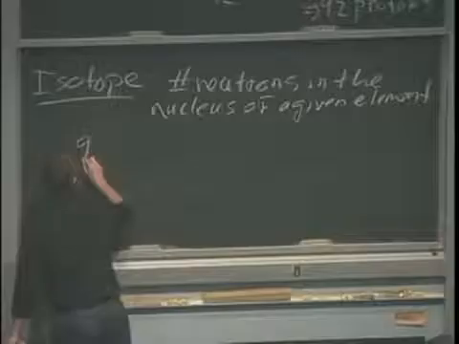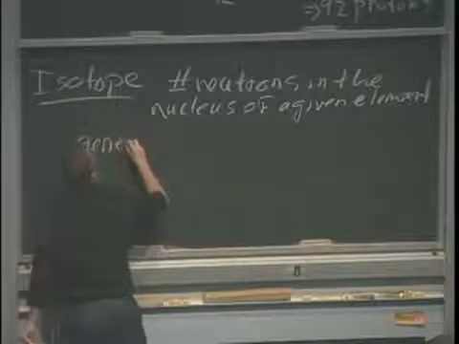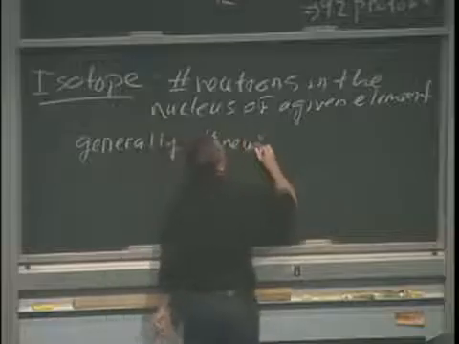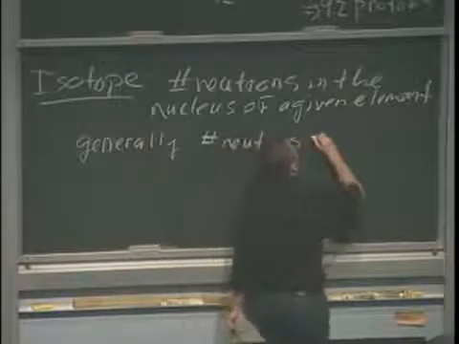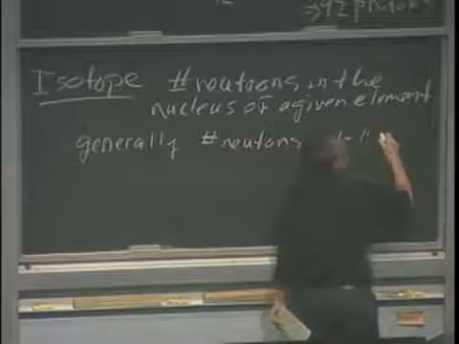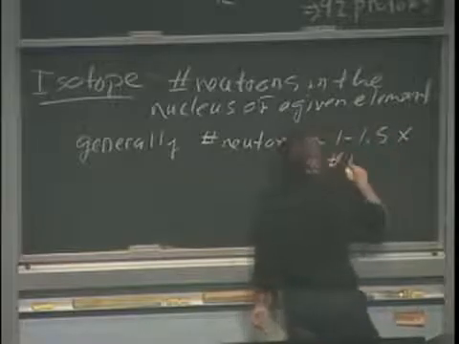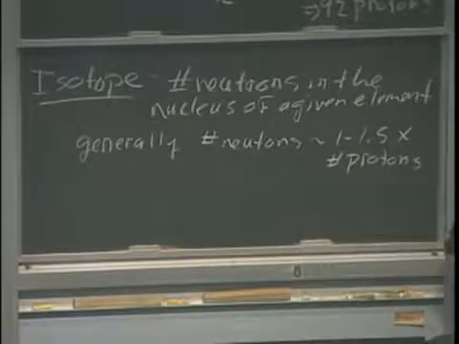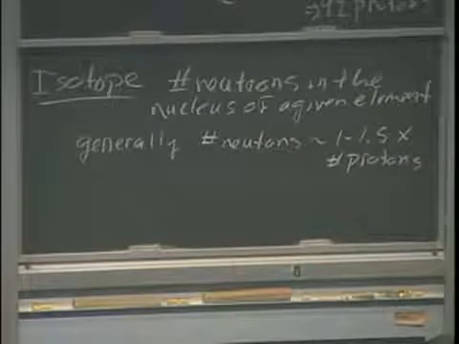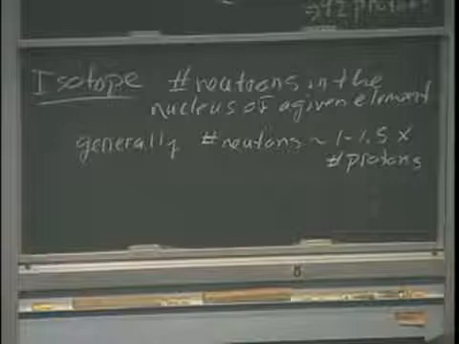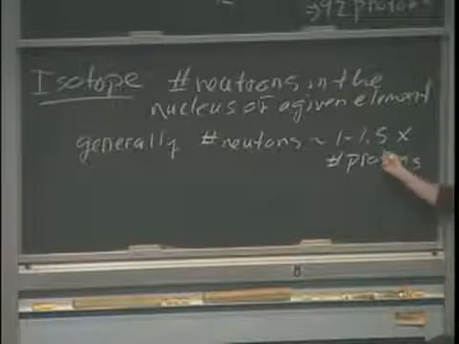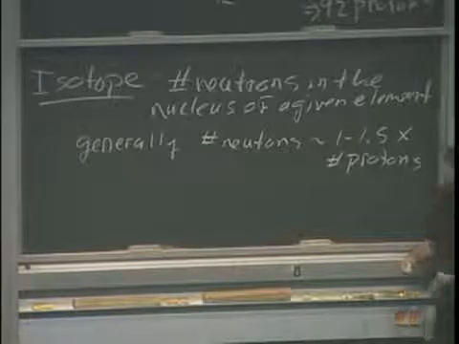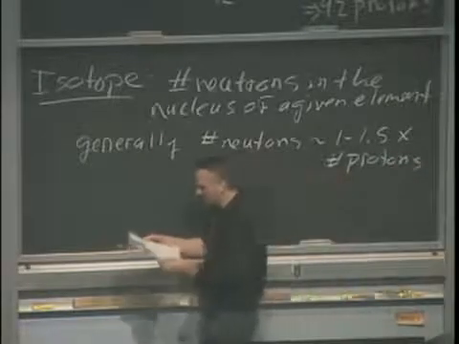So generally, just for a rough number, the number of neutrons is 1 to 1.5 times the number of protons in the nucleus. We're going to talk about that a little bit more in just a few minutes. That's a general number. For most elements, for most isotopes, there's generally 1 to 1.5 times as many neutrons in the nucleus than there are protons. Okay, and that will be more apparent in a second.